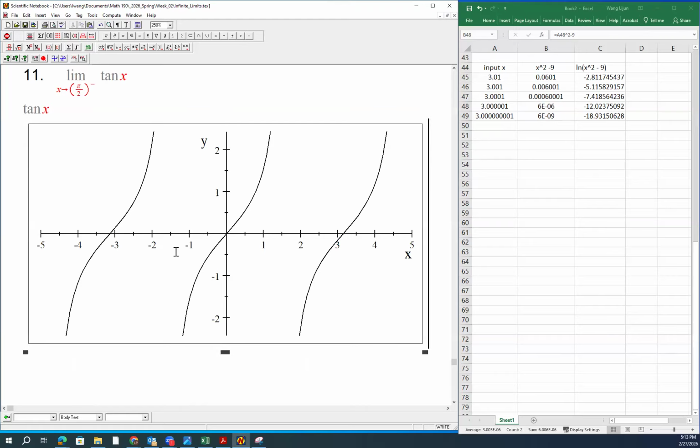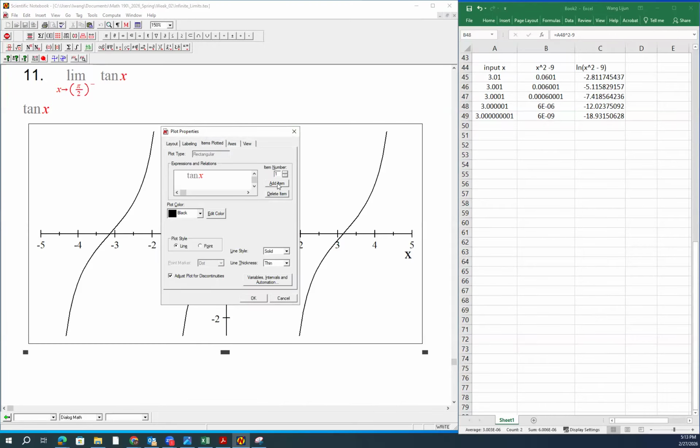We know that there's a vertical asymptote. The point of interest for the input is pi over 2. So we're going to graph that vertical asymptote at pi over 2.